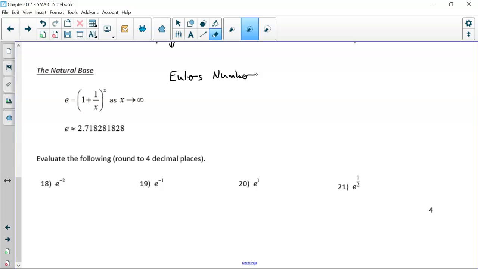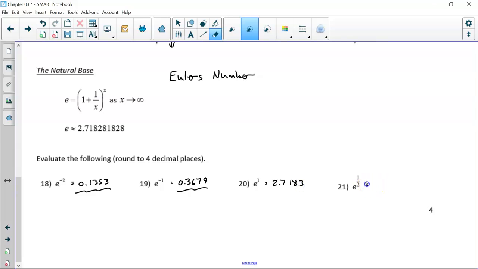So what we're going to do for number 18 is we're going to use that e, and we're just going to evaluate, and we're going to go 4 decimal places. So e to the negative second, and this is just calculator practice, is about 0.1353. e to the negative first is about 0.3679. e to the first, about 2.718, and we're going to round it to a 3.